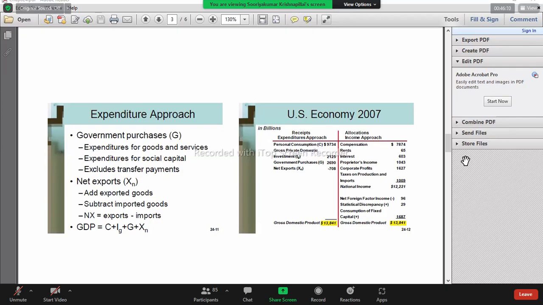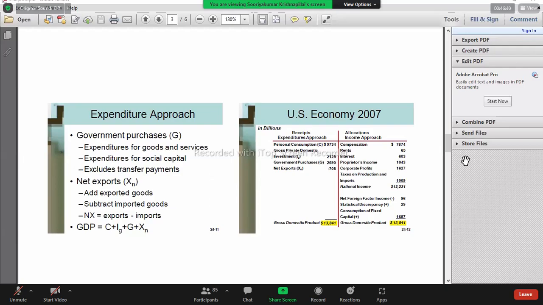We should add consumption of fixed capital because in this income component we deduct the depreciation when we calculate the proprietors' income or corporate profit. So we should add that depreciation into the income approach to balance the expenditure approach.